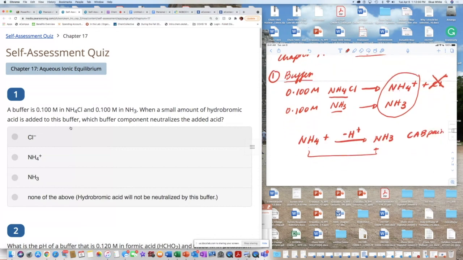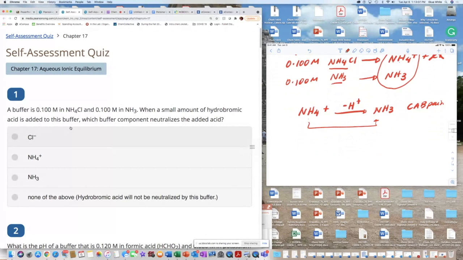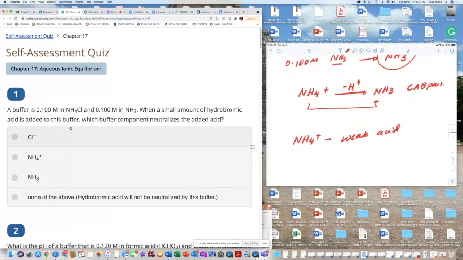So we're told in this buffer situation, when a small amount of hydrobromic acid is added to the buffer, which buffer component neutralizes the acid? Ooh, this is one of those conceptual problems. In the buffer, you have the acid component. In this case, NH4 plus is classified as a weak acid, and NH3 is its conjugate base.